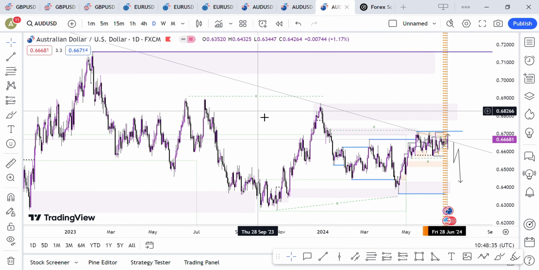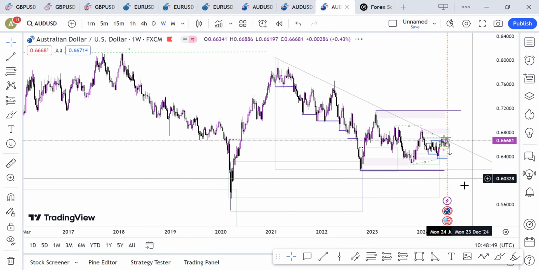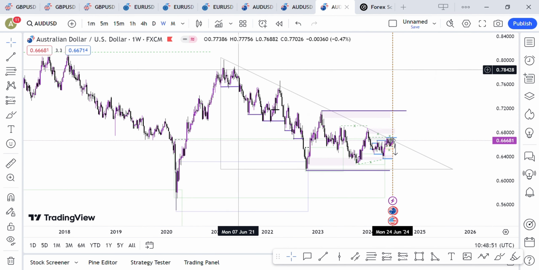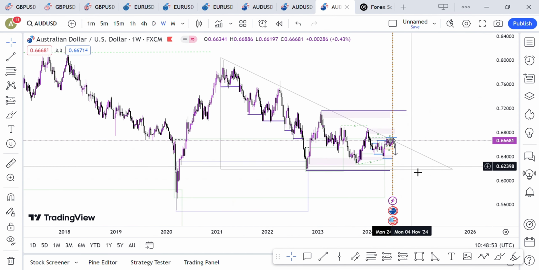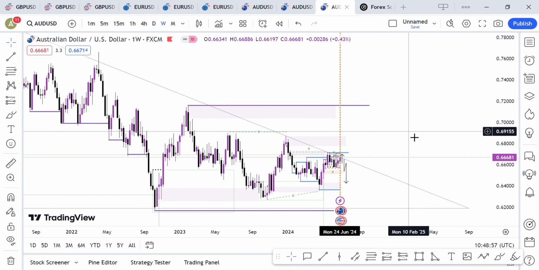so I just left it to continue the way it could, and maybe next week I'll be looking for opportunities if I see any. But for now, I just want to start off with the weekly. Like I said, we still have this descending triangle, and as you can see, I'm waiting for the break.